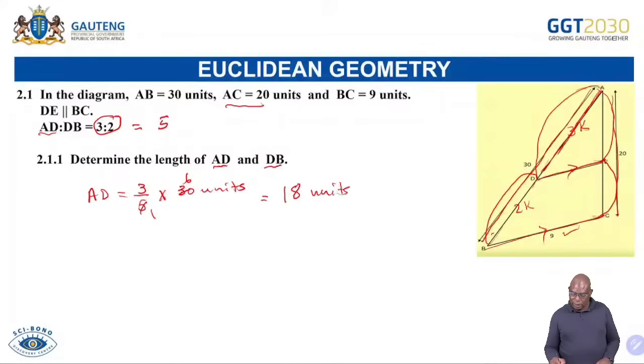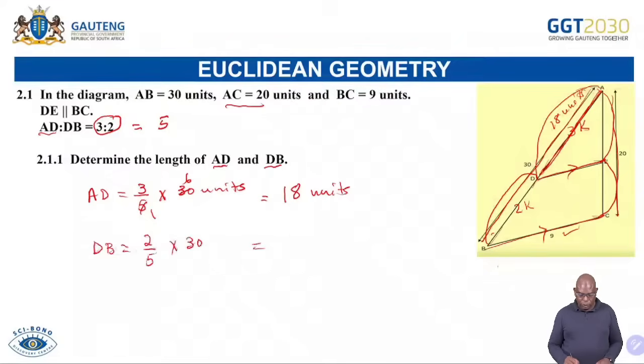So if this length here is 18 units, do I still need to calculate the BD? I don't think so, because the whole length is 30 minus 18, but we can still determine it by using the ratio. So we multiply by 30, and that will be 12 units.